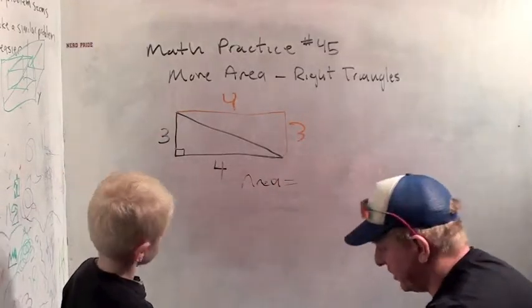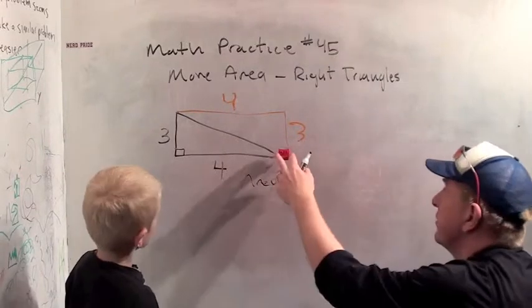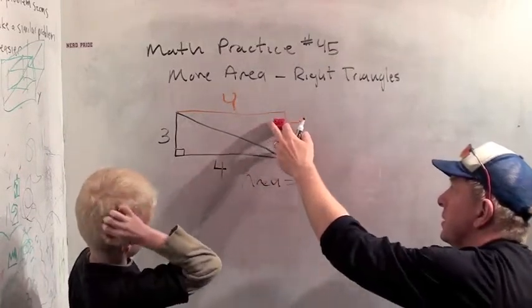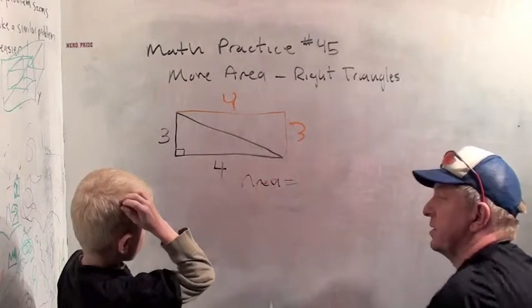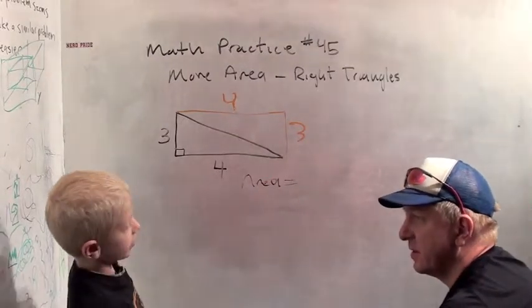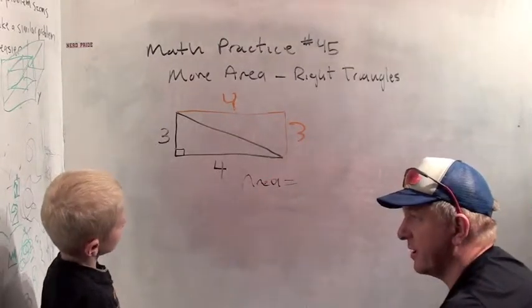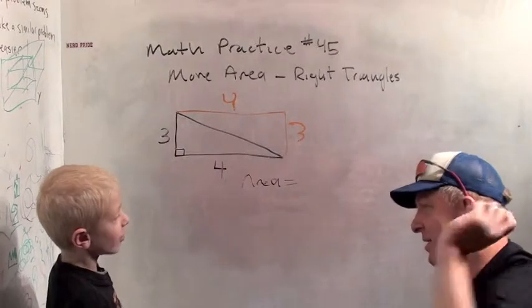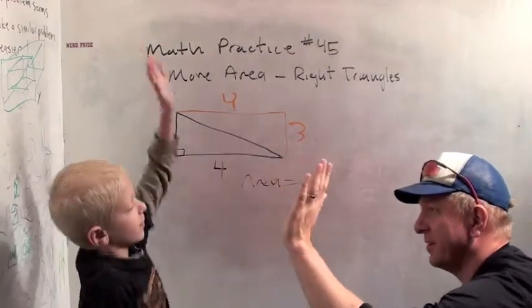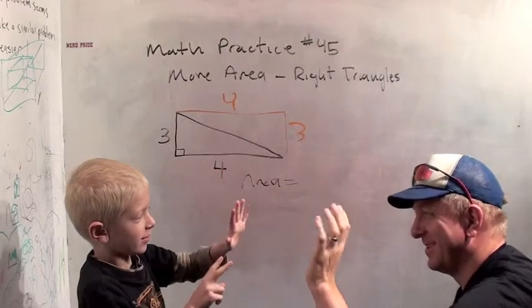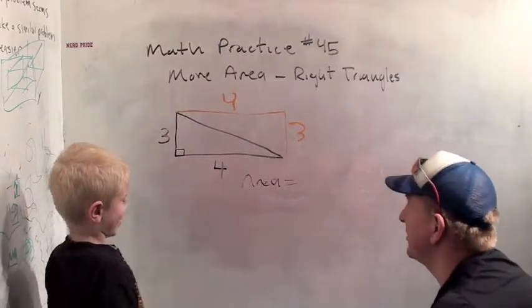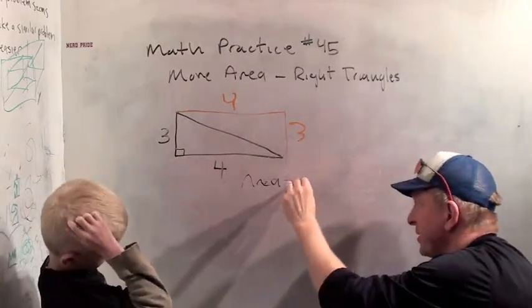So how many Duplo blocks would that be if there were 4 rows of 3? 4 times 3, which is? 12! So the area of the rectangle is 12.